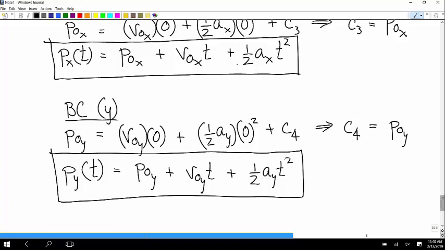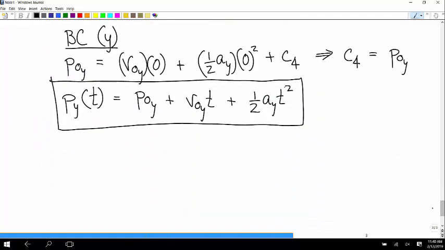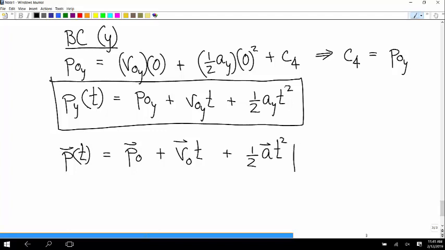Just like we did with the velocity function, now we can write this in a vector form that says the position vector as a function of time is equal to the initial position vector, that's two components of constants, plus the initial velocity times t, plus 1/2 times the acceleration t squared.